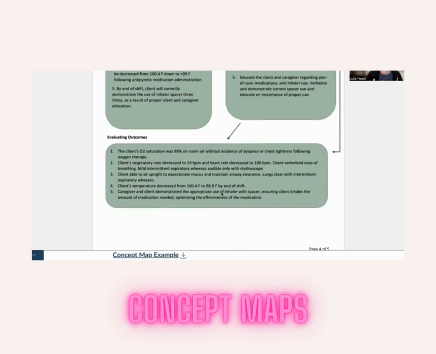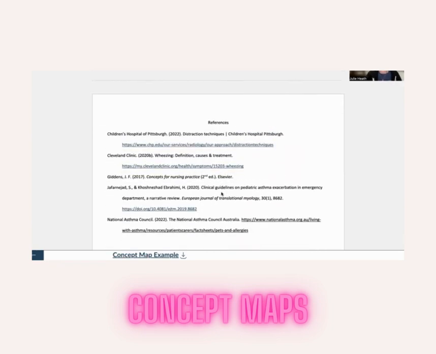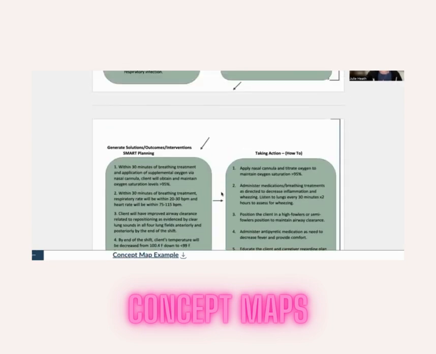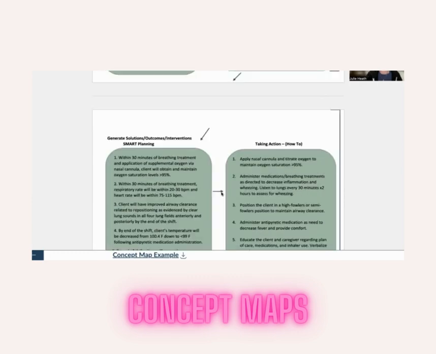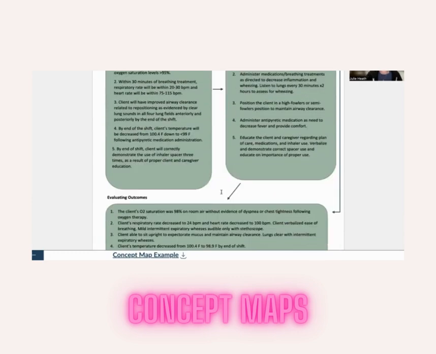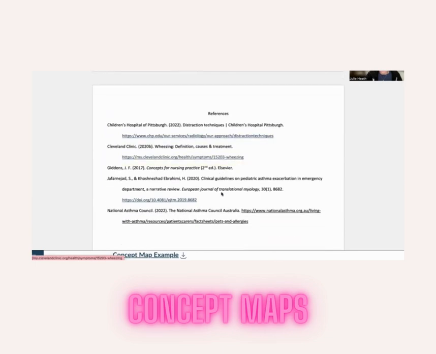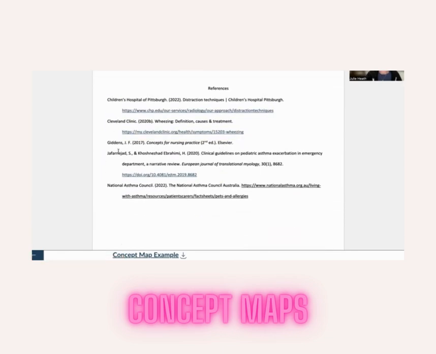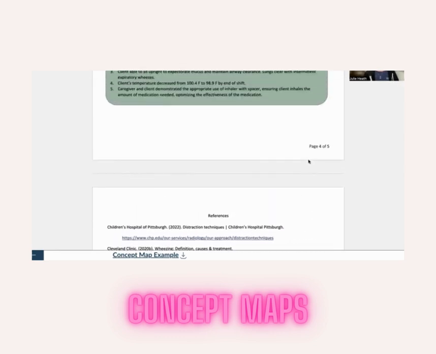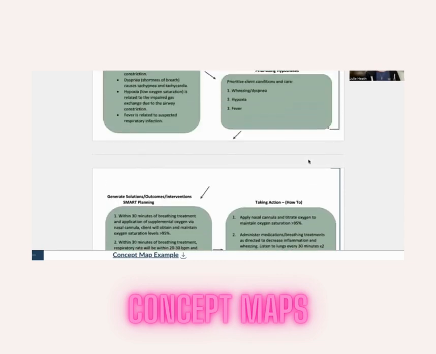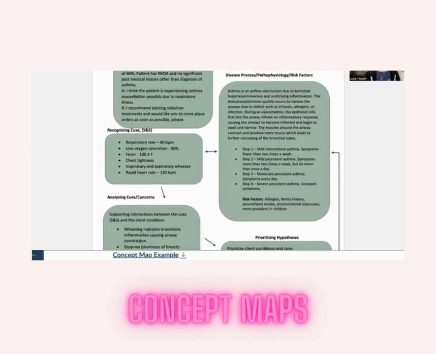Okay. And then after you've completed your concept map, you want to go through and make sure that you are citing your sources. You make sure that you are listing them down below, because you do have to have a reference page added if you use references. And in my opinion, you should use references, especially in the disease process pathophys section, because you ain't coming up with this stuff on your own.